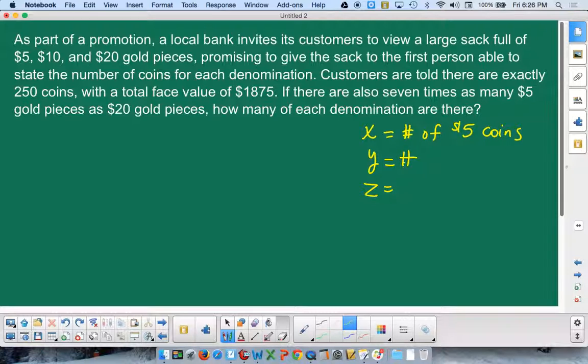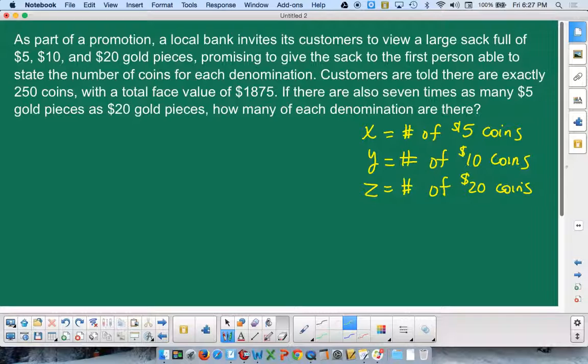Y is the number of $10 coins. And Z is your number of $20 coins. That's a quick key that you realize those are the number of coins.